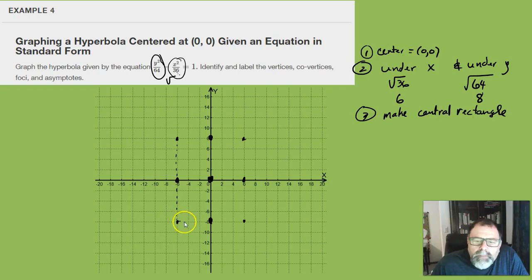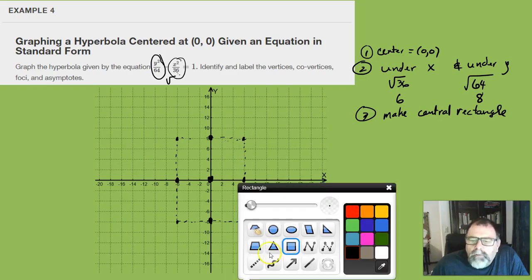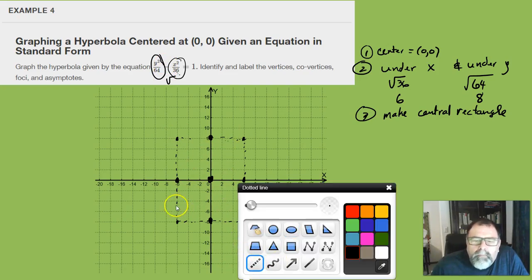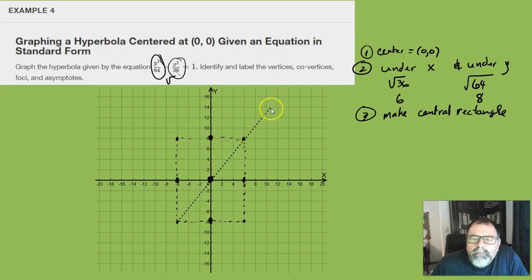Again, this is just an aid to help me graph. If that was a plus, it would be an ellipse, and I would just make my oval connecting these. If it's minus, it's a hyperbola. So then I make my rectangle, and I draw my asymptotes through the diagonals of that fundamental rectangle.